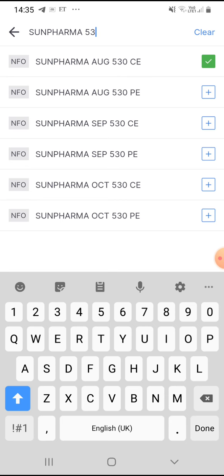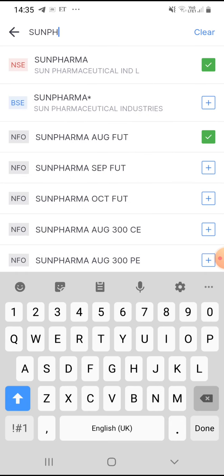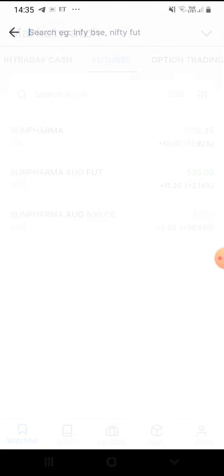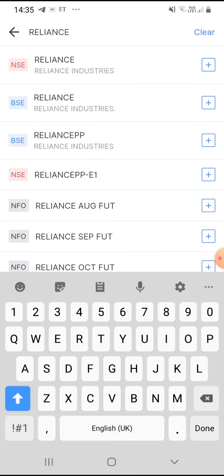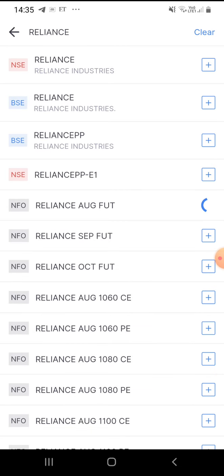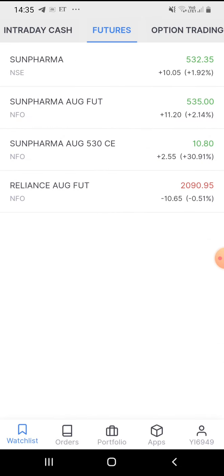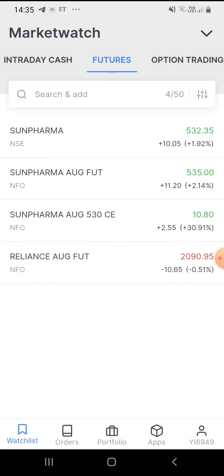If the real value has four digits, for example Bajaj Finance, Reliance, all are four-digit shares. I'll show you. Reliance has four digits, 2090.